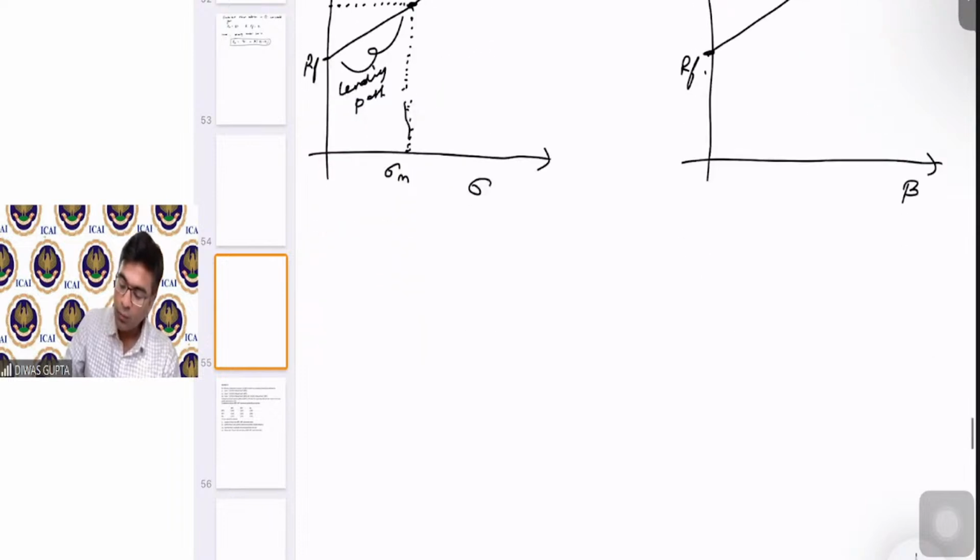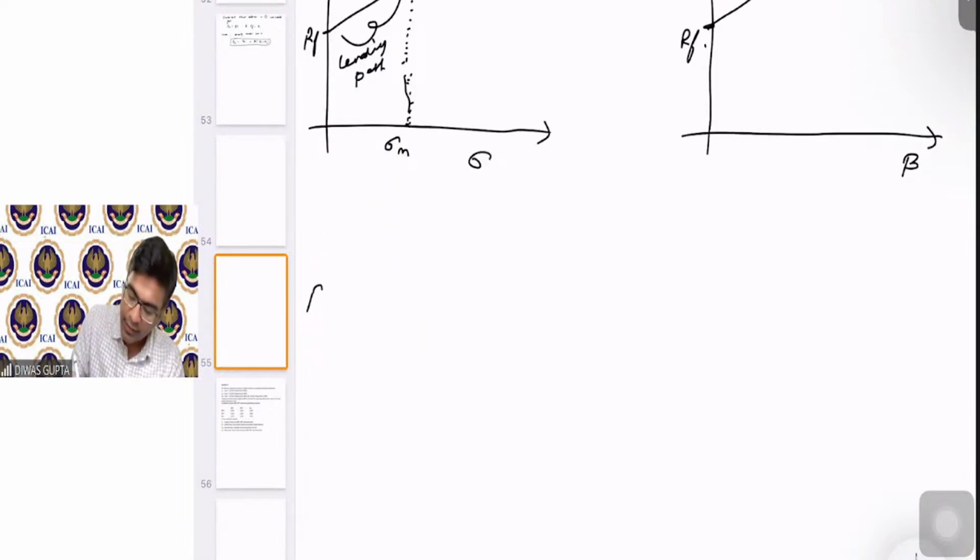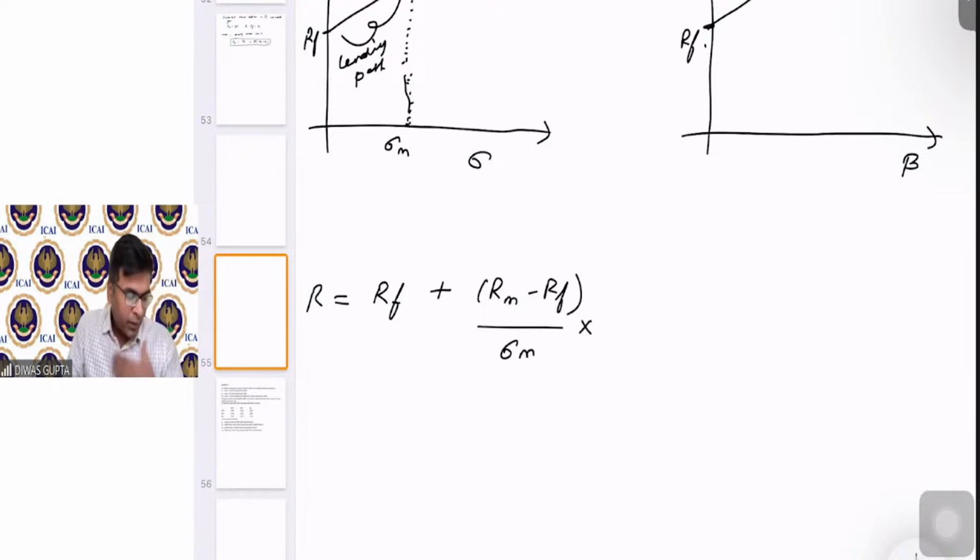So if you see, students, here the equation is RF plus (RM minus RF) upon standard deviation of market, into standard deviation of that portfolio. This will give us the return.